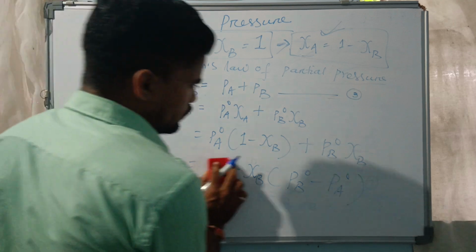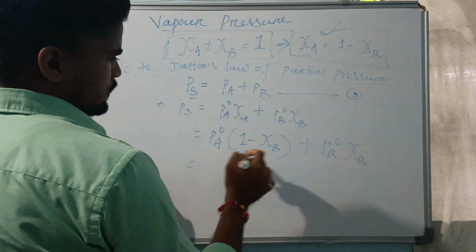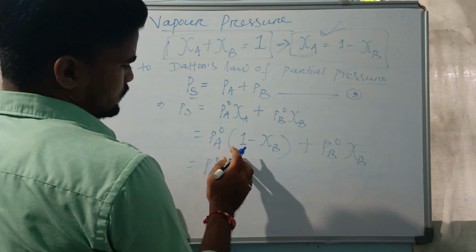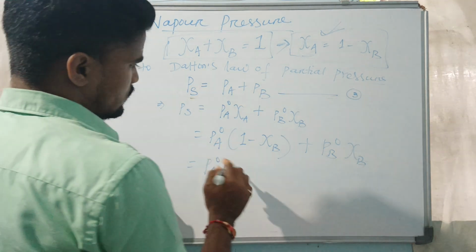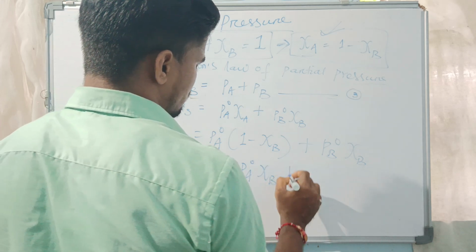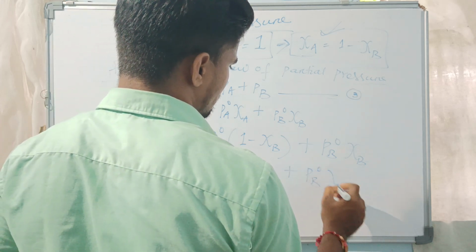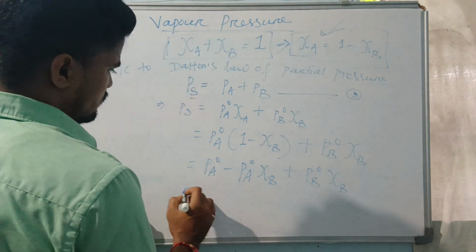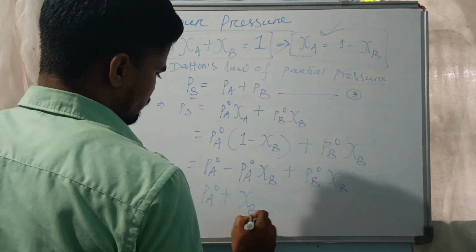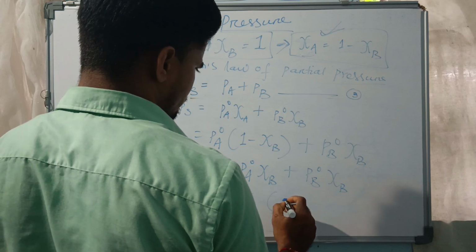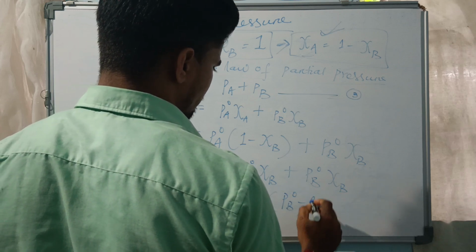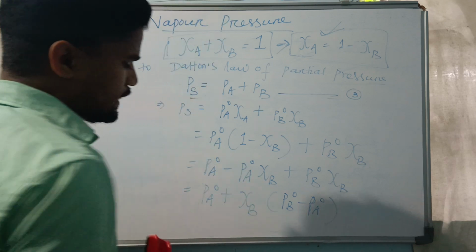So we have to first expand it. We have to open this bracket. PA naught into 1 is PA naught, minus PA naught chi B, plus PB naught chi B, which is equal to PA naught plus chi B into (PB naught minus PA naught). Let's check.